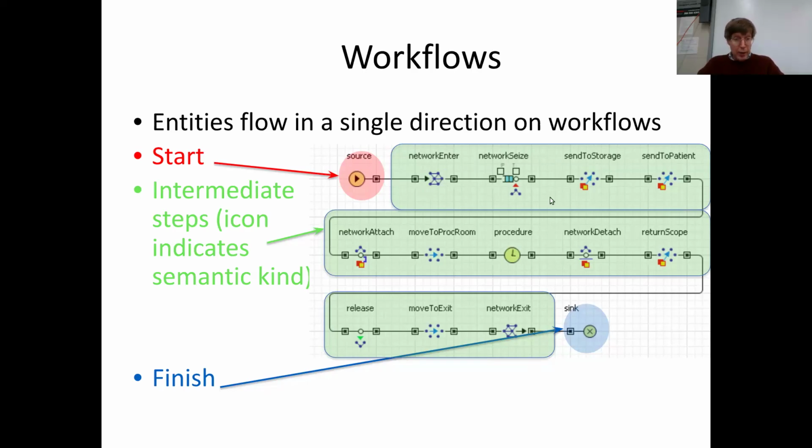So they can come in, and normally they flow in a single direction. That's not uniformly true. You can have loops. You can have looping back to an earlier location, but generally you're not going to have them flowing in the opposite direction. You can just have loop back to a certain point and sort of loop around under certain conditions. So waiting for successive tests to be run or types of imaging to be conducted.